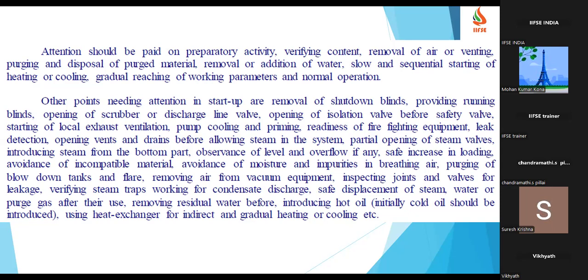In such cases, we have to ensure that the hot oil is introduced after removing hot water or water from the condenser or the pipeline.